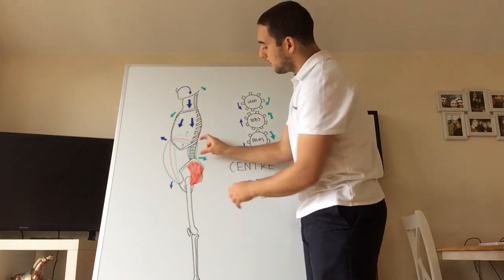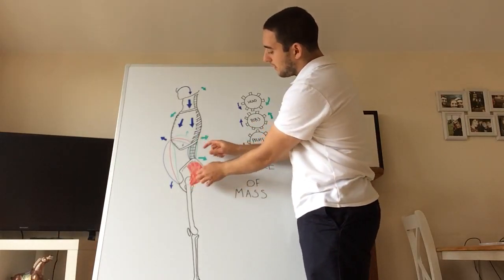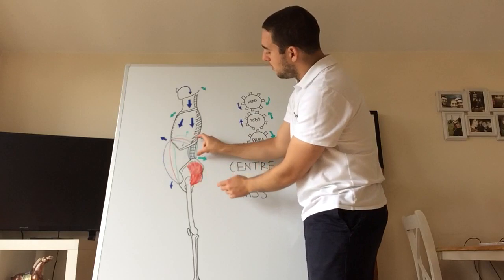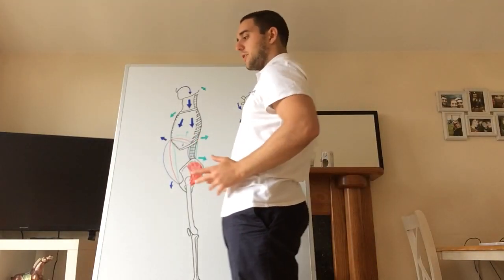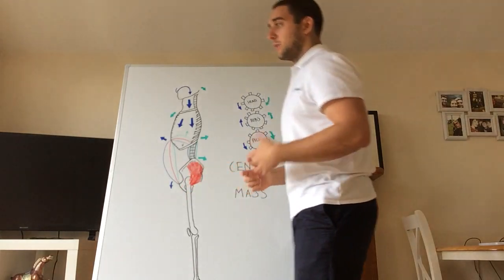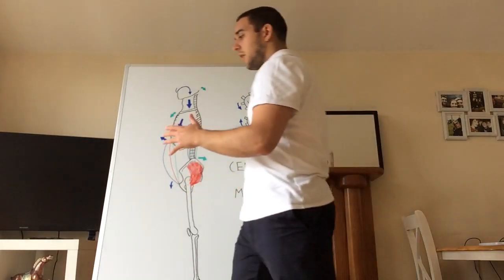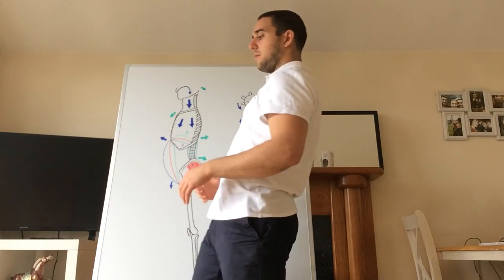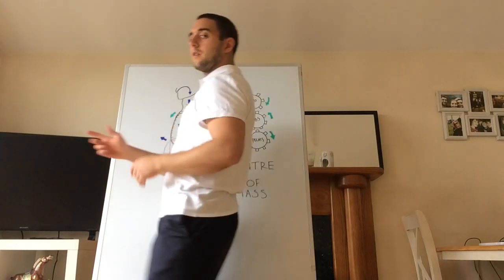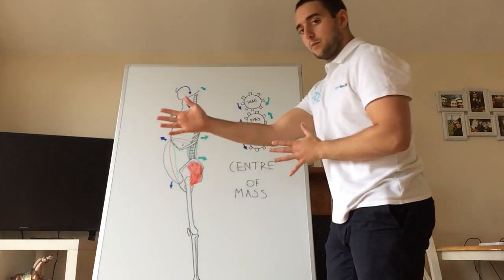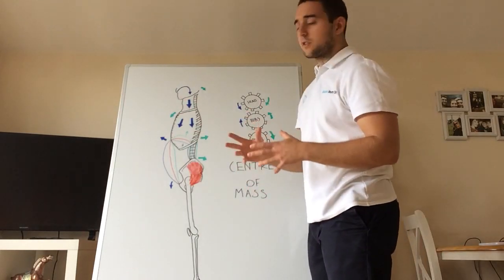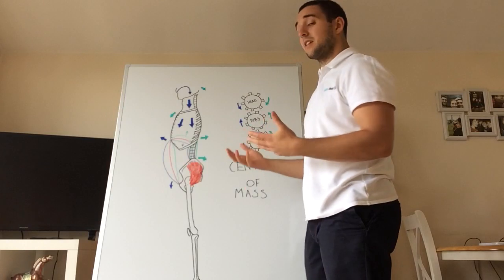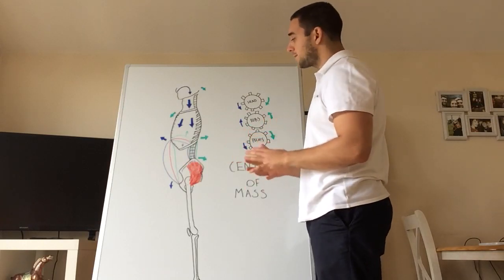So rather than contracting here to push yourself forward, you can contract the low back in order to shift yourself forward. What you'll see is that when people walk, as they push off, they're not really extending, they're actually hyperextending the low back in order to move their mass forward. So those are the two most common things I see with people with back pain.